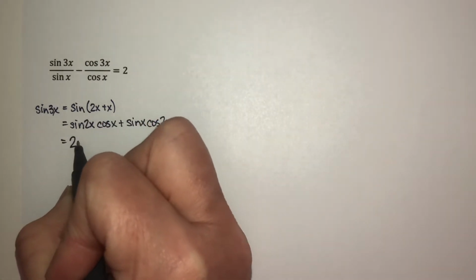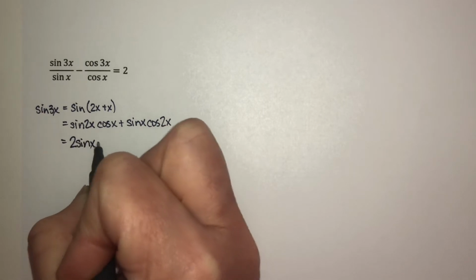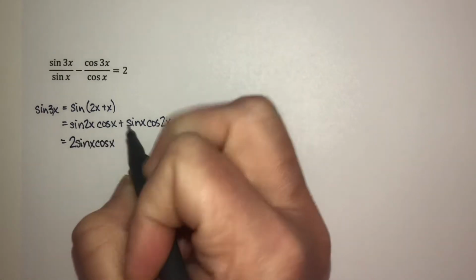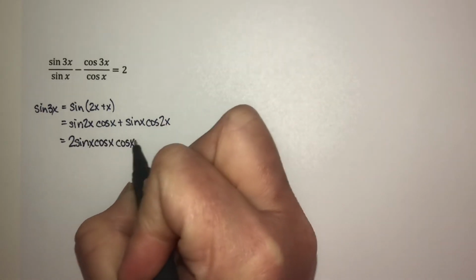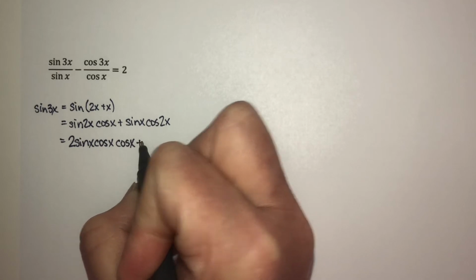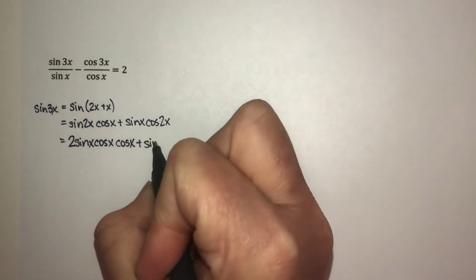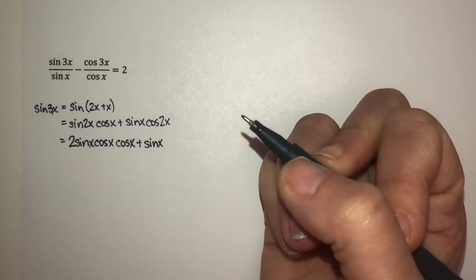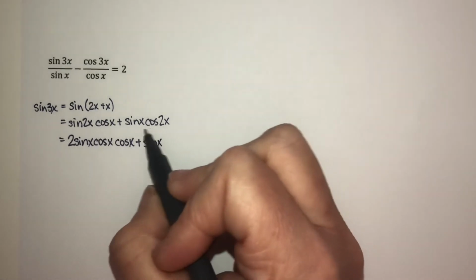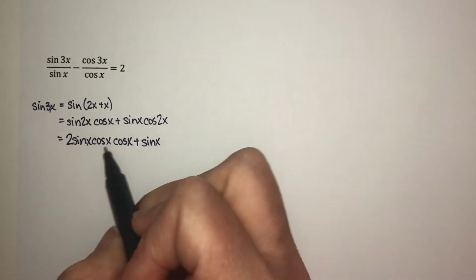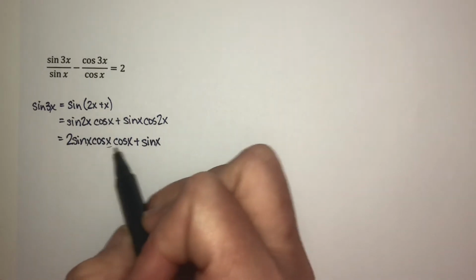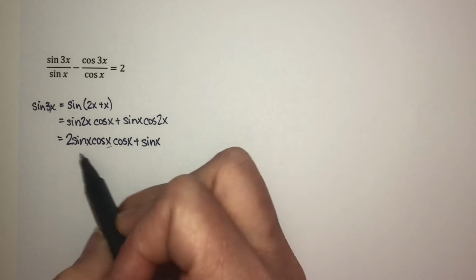This is 2 sine x cosine x times cosine x plus sine x. I need to figure out which one I want to use for cosine of 2x. Now I see that right here I'm going to have a cosine squared, and I know I can change that into a sine.